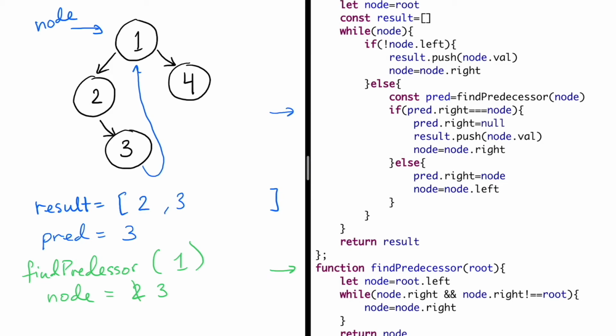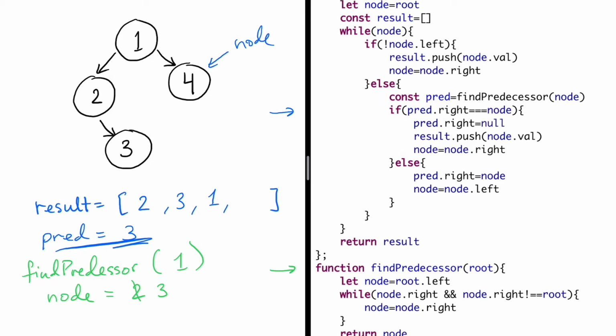So I will first find my predecessor, which once again will return 3. Now the right child of the predecessor is equal to my node, since we do have a cycle. So what I will do, I will break this connection, so the cycle will get removed. Then I will push the value of 1 onto the results array, and then I will go to the right.